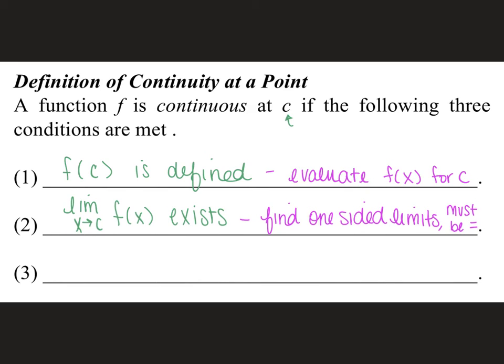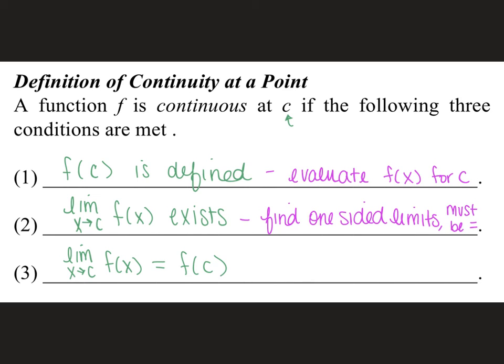So now we have our third condition that needs to be met. And this condition is more like a conclusion step here. We need to evaluate what we've seen so far, and we need to figure out if this means that it's continuous or not. So our conclusion step here is that if we find our limit as x approaches c of f of x, it must equal the function value.